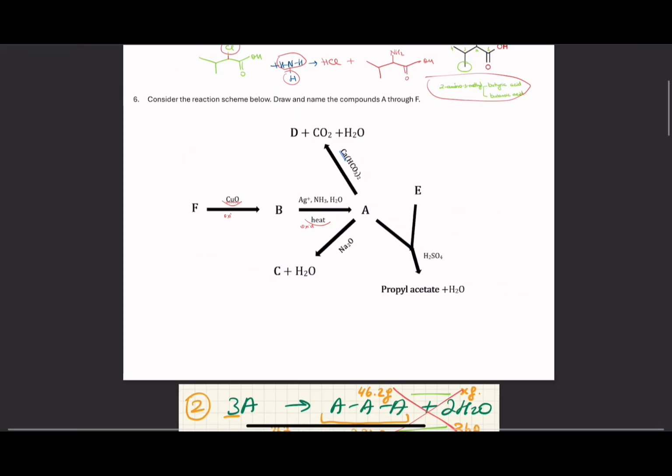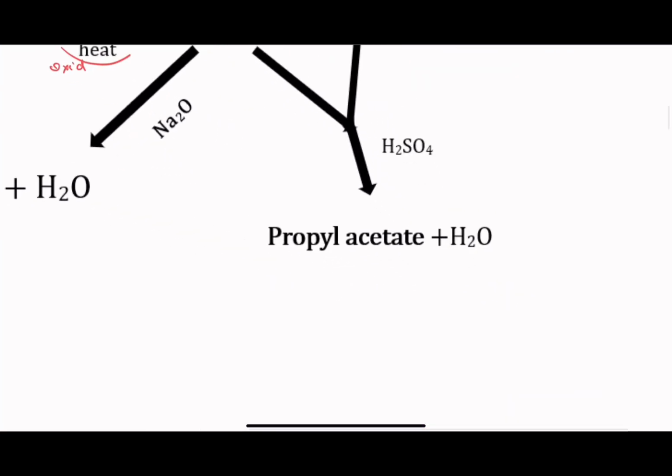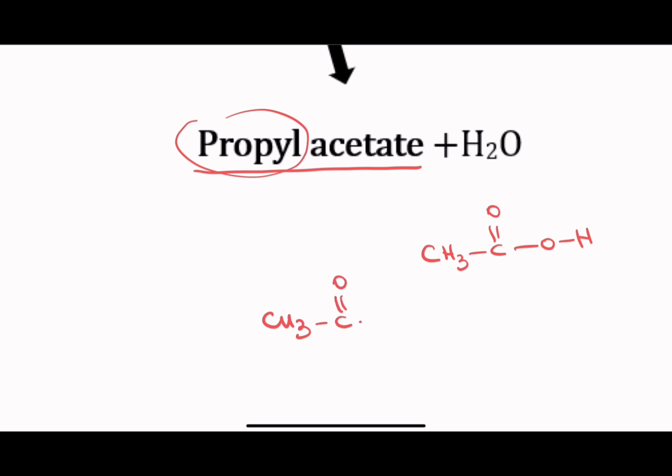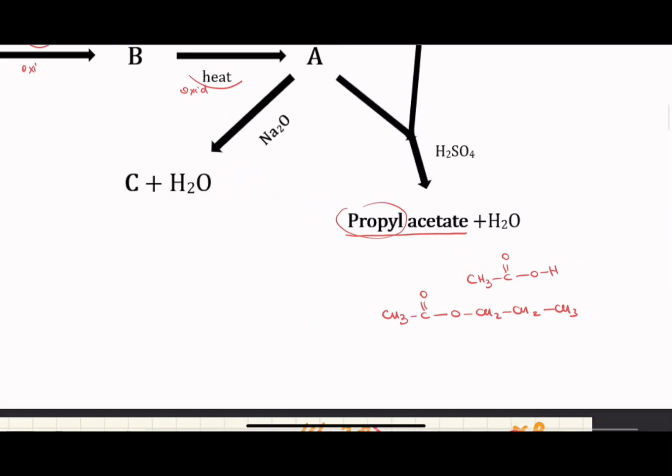Now in here, the only lead we have is propyl acetate. So we know that acetic acid was like this, right? Now when you attach propyl to it, it will look like CH3COOCH2CH2CH3, because propyl is 3 carbons, right?